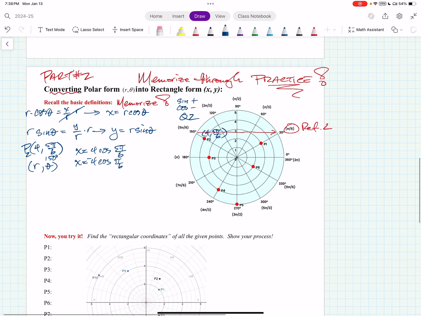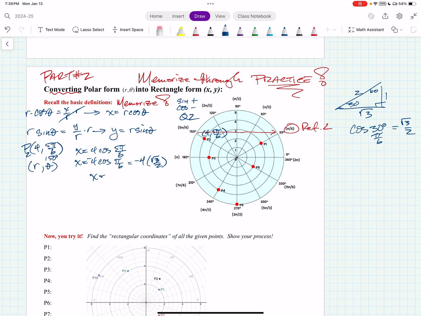So I'm going to bring back your triangle here, the 30-60-90: 2, 1, √3. And I know that the cosine of 30 degrees, which happens to be π/6, is equal to √3 over 2. Notice I don't even have the unit circle here. All right, so this right here is equal to negative 4 times √3 over 2.